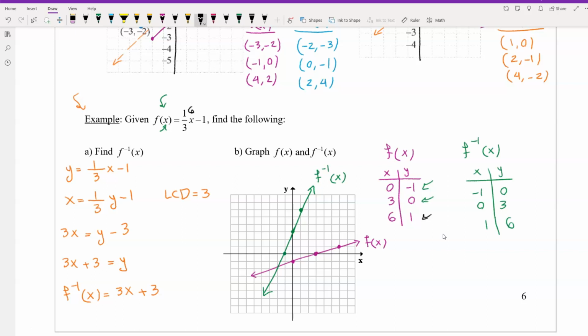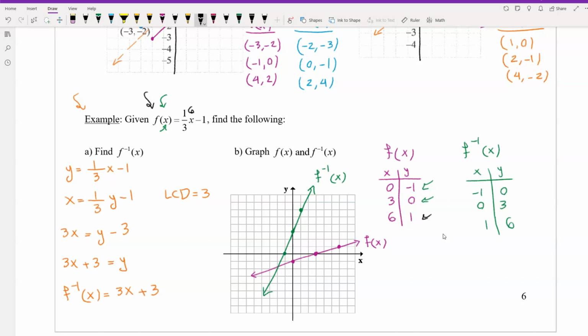And then for the inverse function, we have to interchange x and y. So we have (-1, 0), we have (0, 3), and we have (1, 6). Find all these 3 points and connect these points, that is the inverse function. So that is the inverse for what is given here.